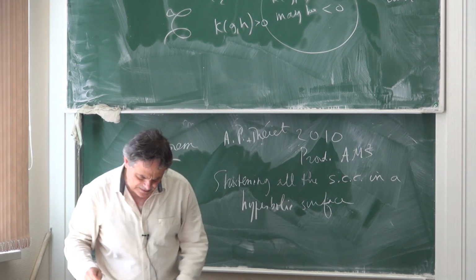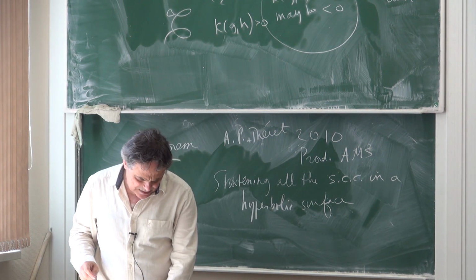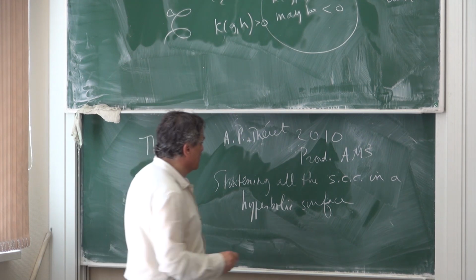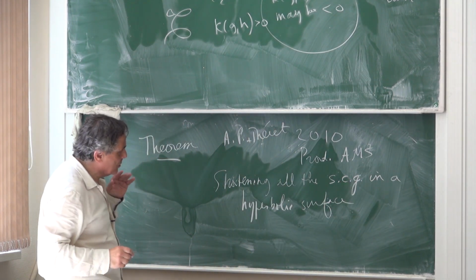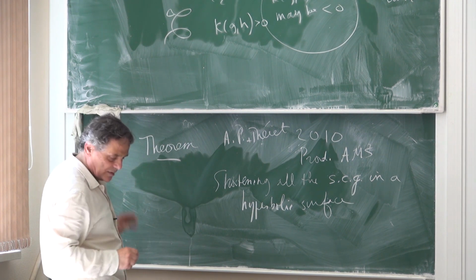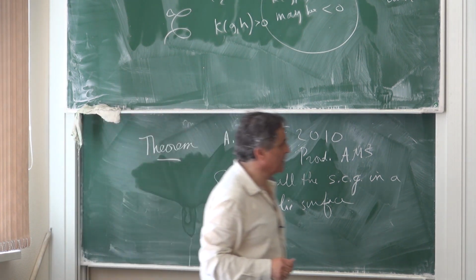In fact, it's not only about simple closed geodesics. I think it's shortening all the geodesics, but I have to think about it. But in this paper, it's only about the simple.